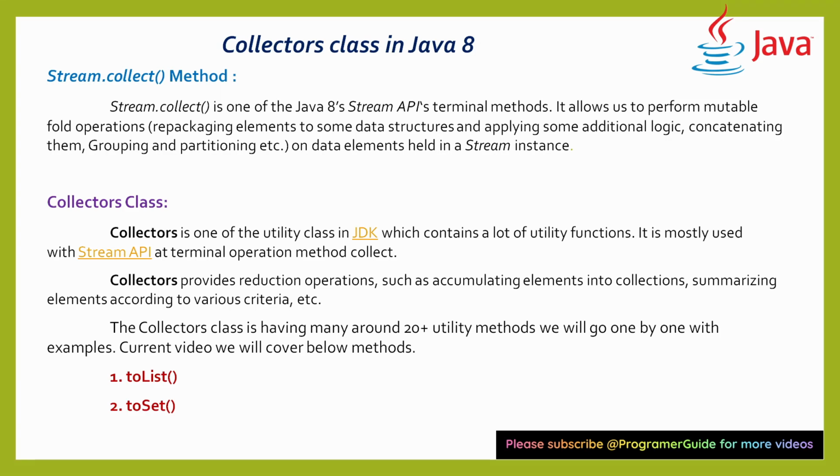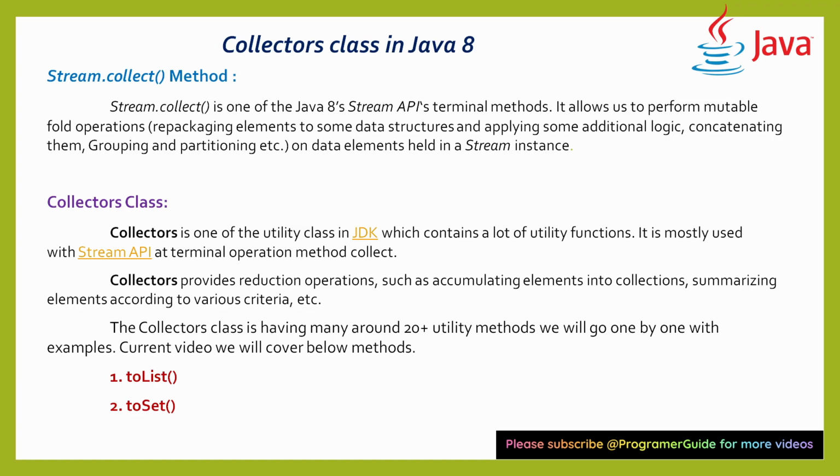Before going to the Collectors class, we want to know one of the terminal operation methods, that is collect. The stream.collect method is one of the Java 8 Stream API terminal methods. It allows us to perform mutable fold operations.